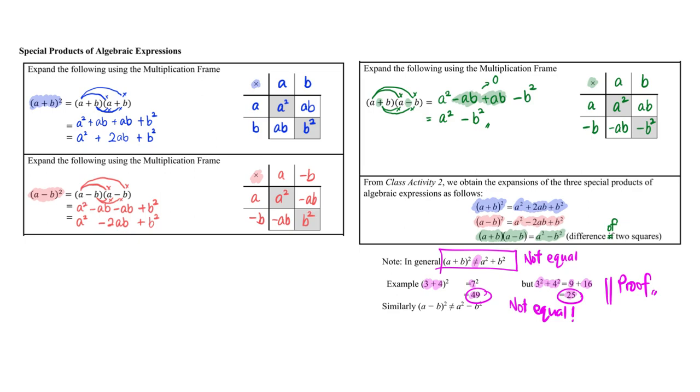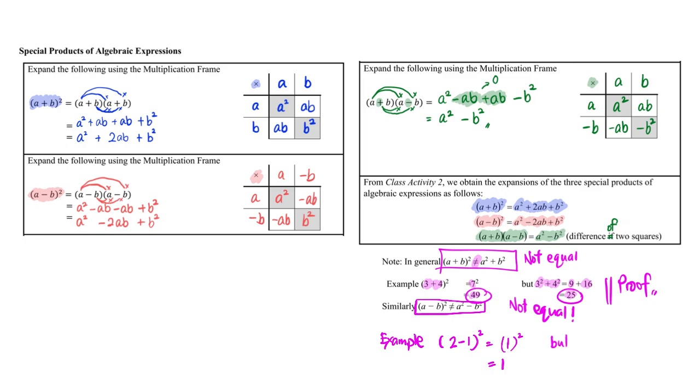Alright? So using the same logic, (a minus b) square is also not equal to a square minus b square. And if you want more examples, I could do the same as well. For example, (2 minus 1) bracket square is equal to 2 minus 1 is 1. So 1 square equals 1 times 1 is 1.